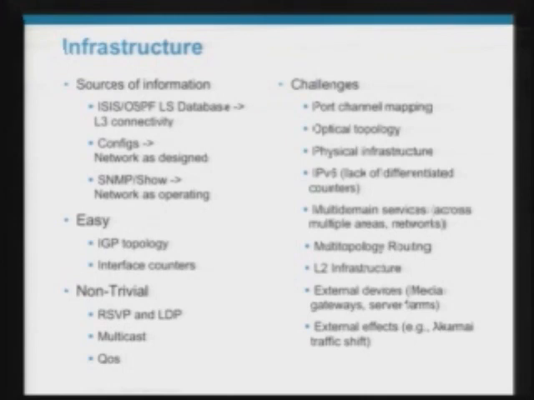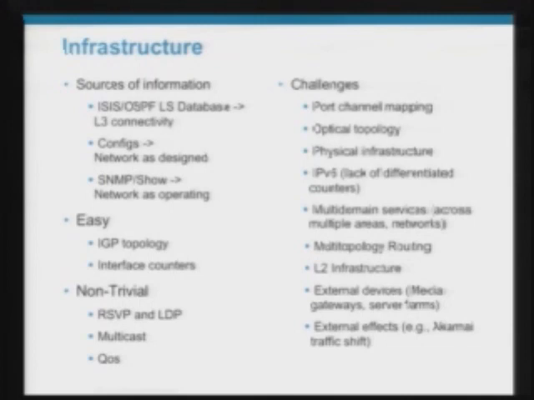Some of the major challenges that we're dealing with right now have to do with port channel mappings. It's not difficult to discover individual ports, but it's difficult to map which ports are together and which ones will be failing together. It is difficult to get at the optical topology just because the optical equipment doesn't have very good automated discovery procedures, and furthermore, it's a hassle to map how a wavelength maps to a particular L3 circuit.